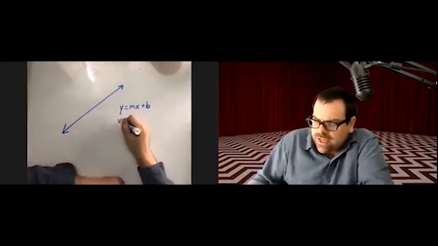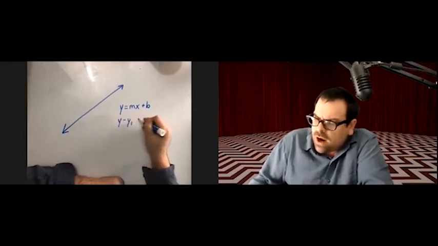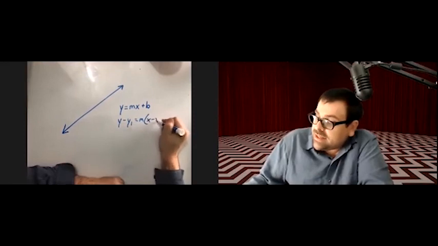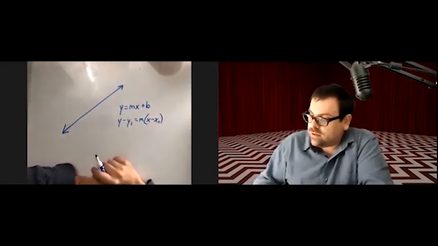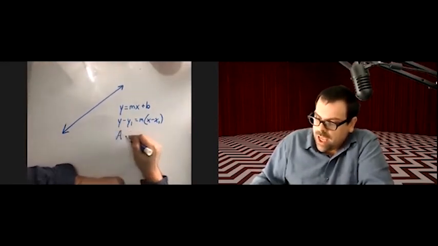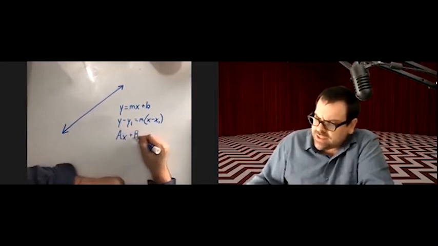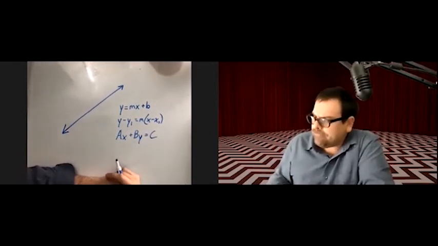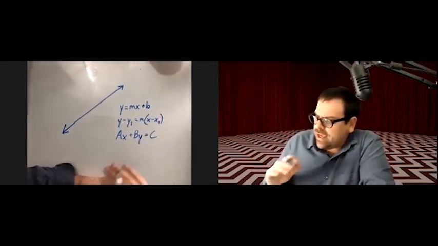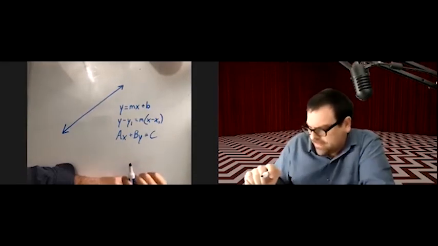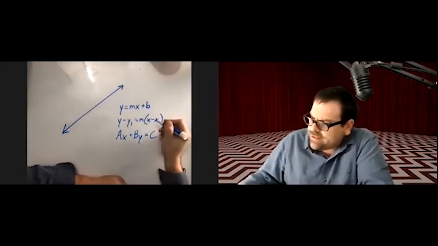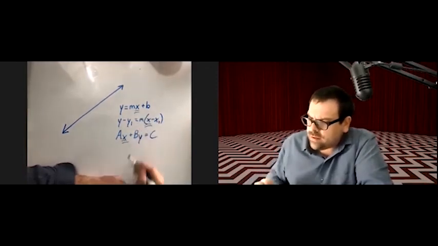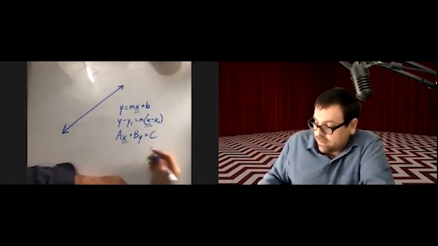Or we had some other forms, y minus y1 equals m times x minus x1, ax plus by equals c. But all of these had one thing in common, and that is that the x was to the first power.